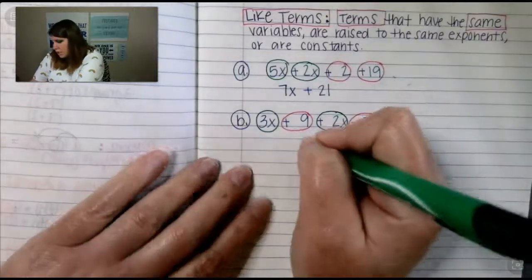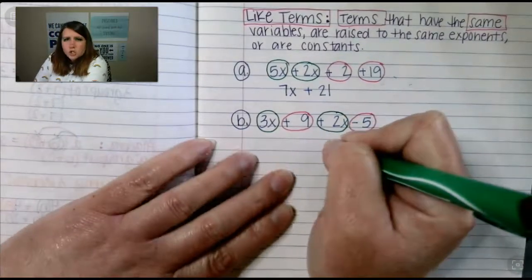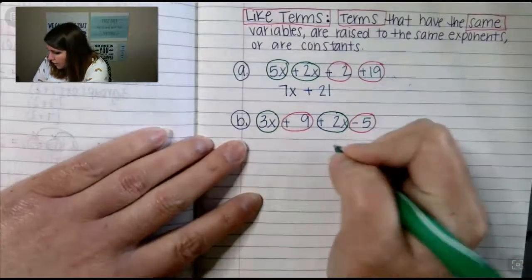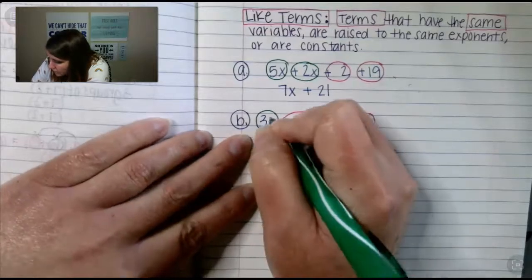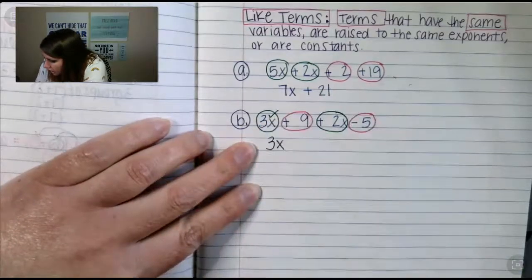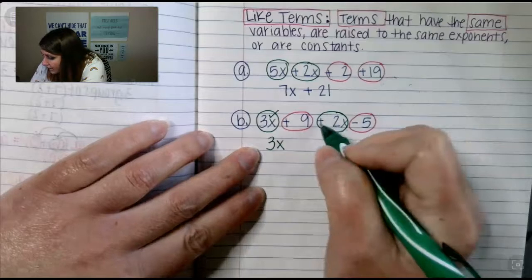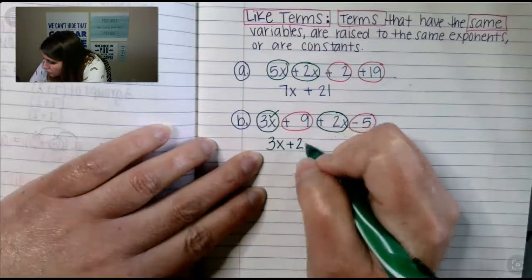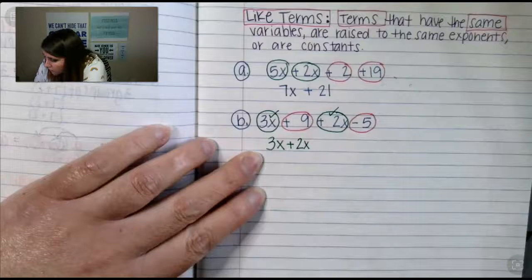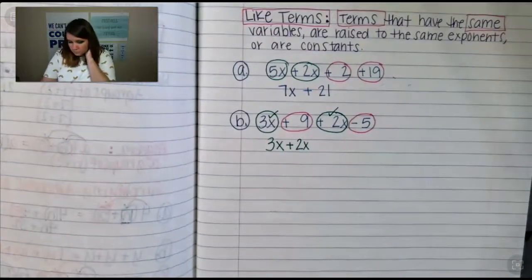All right, pack your bags, coefficients, you're moving. All right, so we have 3x right here. I'm going to check that guy off because I wrote him down. And I have positive 2x, so plus 2x. I'm going to check that one off because I wrote it down.